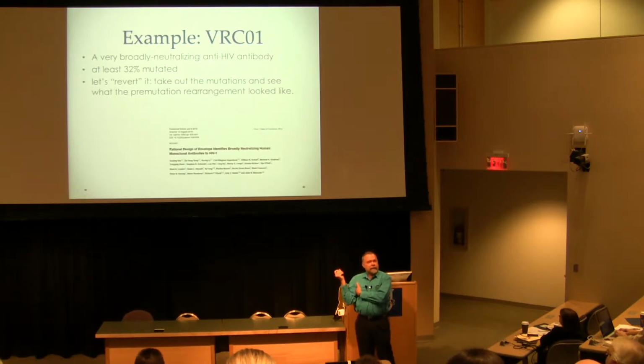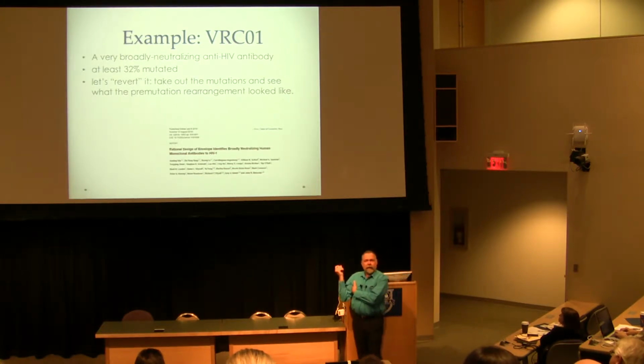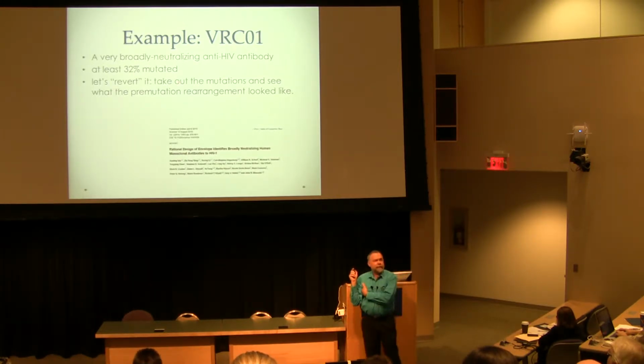VRC01 is directed against a highly conserved part of the HIV, and it is very difficult for HIV to escape from it. So there's been a lot of attention paid to VRC01, and it's also, it turns out, 32% mutated.